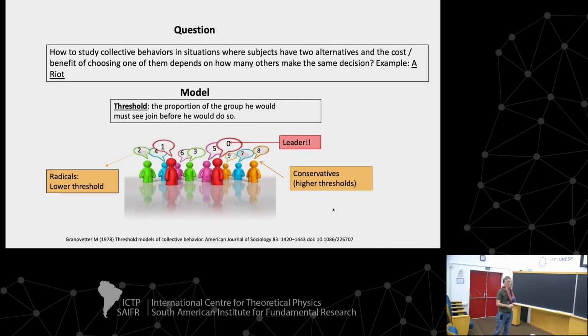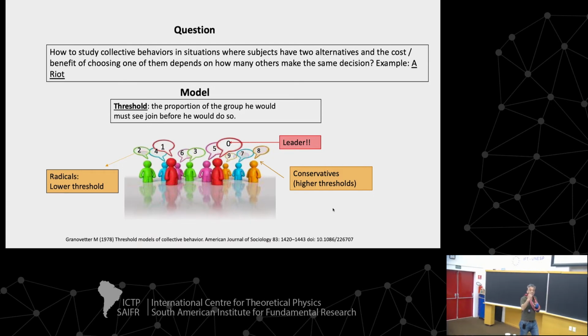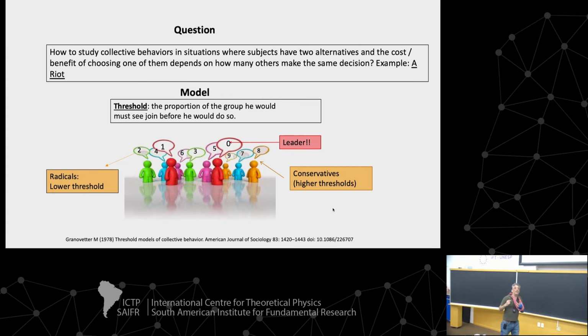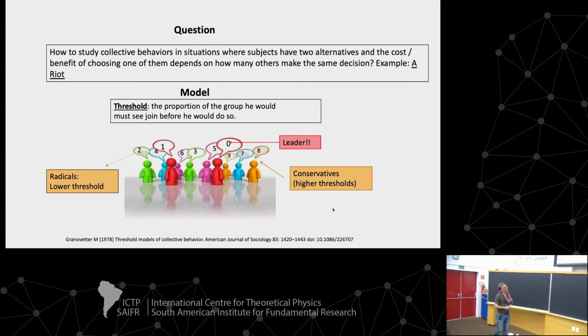Then we have this other red one, whose threshold is 1, so he or she needs at least one person starting the riot to join. The orange one has a threshold of 8. It needs at least 8 people in the riot to also join. Okay?